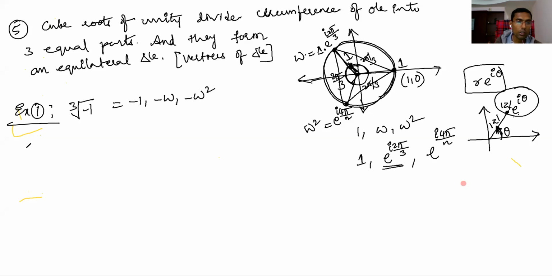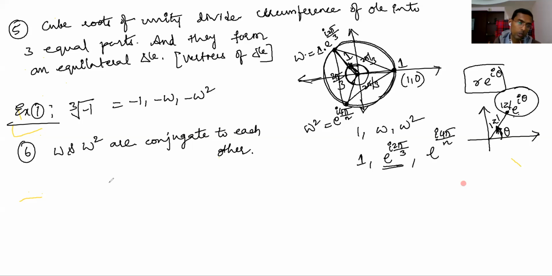Not only that, one important point is omega and omega bar, or omega and omega square, are conjugate to each other. Very important to recognize. Omega and omega square are conjugate to each other.